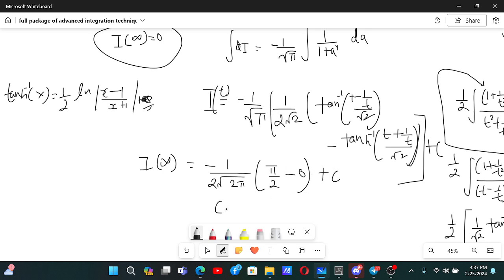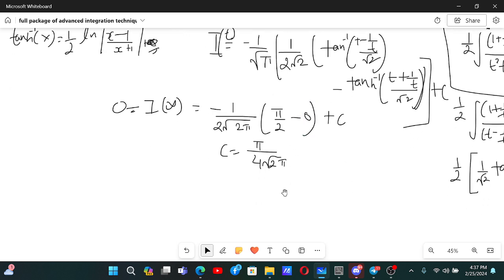You can see that this is also 0, so that's why c is just pi by 4 root 2 pi.